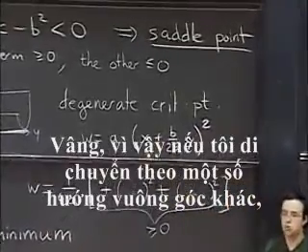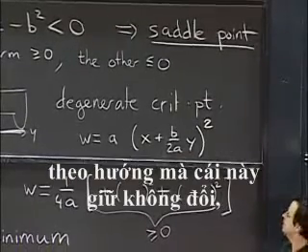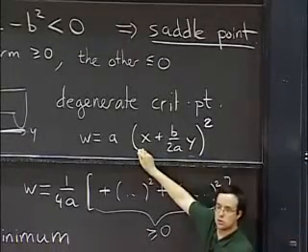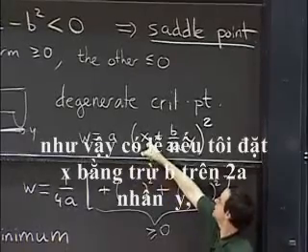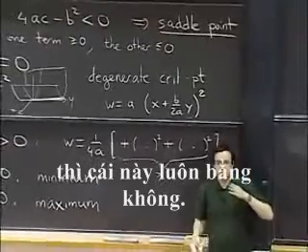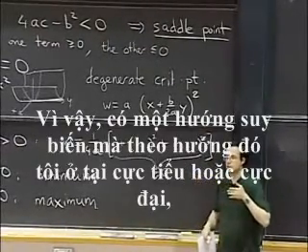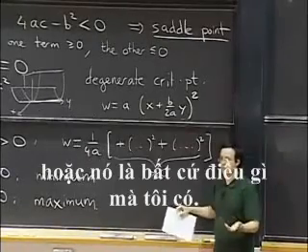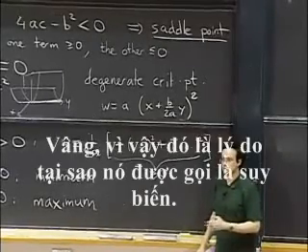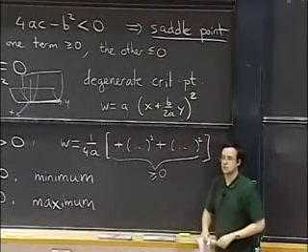If I choose to move in the perpendicular direction, in the direction where this remains constant, maybe if I set x equals minus b over 2a y, then this remains 0 all the time. So there's a degenerate direction in which I stay at the minimum or maximum or whatever it is that I have. That's why it's called degenerate. There's a direction in which nothing happens.